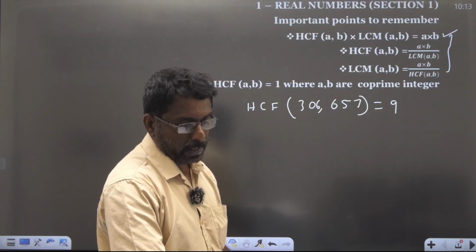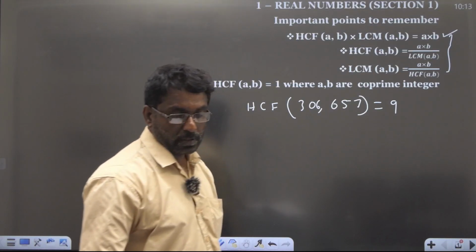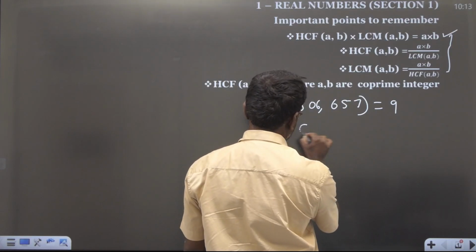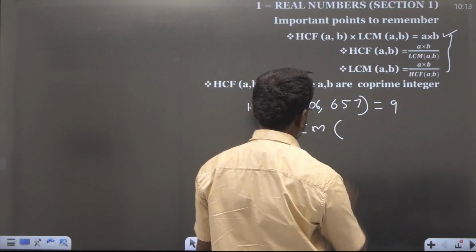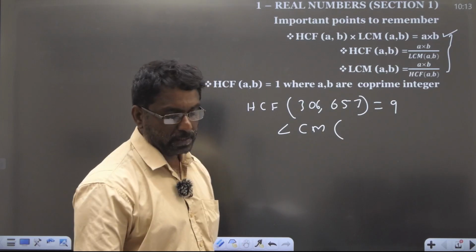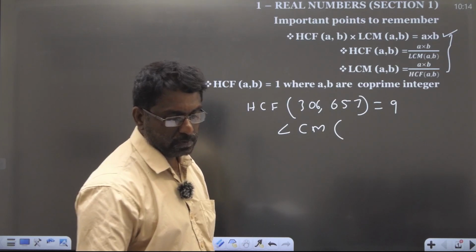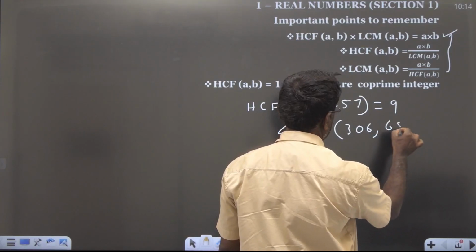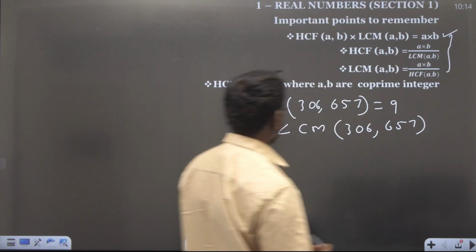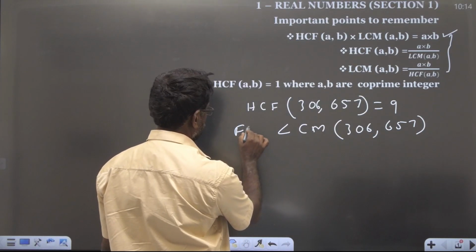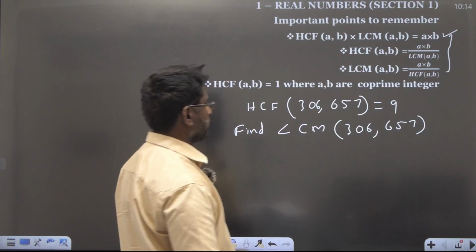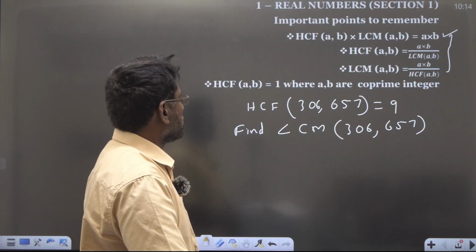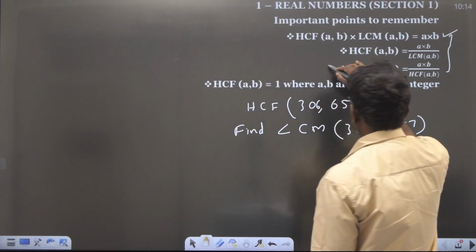Find the LCM of 306, 657. So use this third formula.